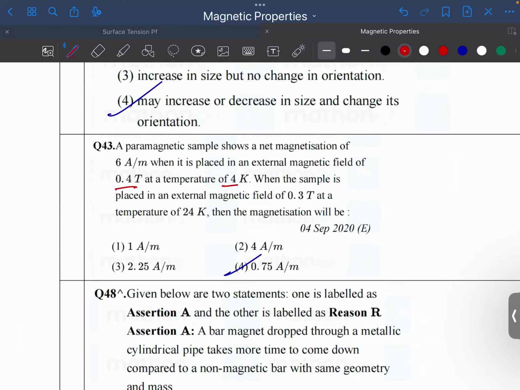When the sample is placed in an external field of 0.3 Tesla at a temperature, the magnetization will be. First identify what has been given. Net magnetization I is given.